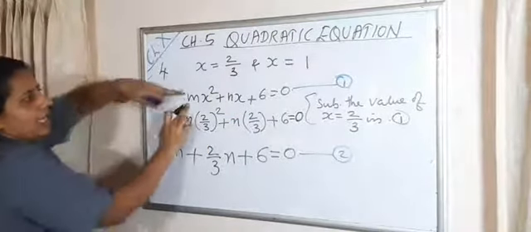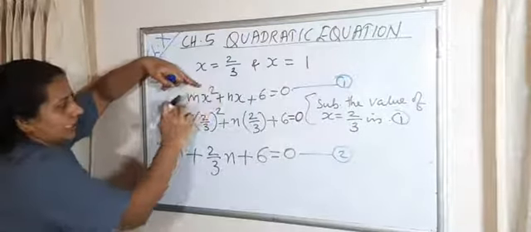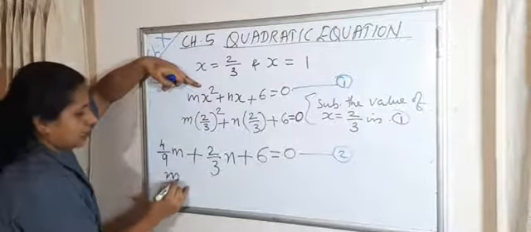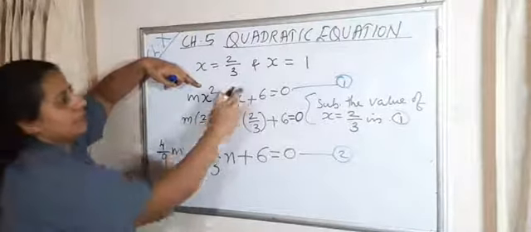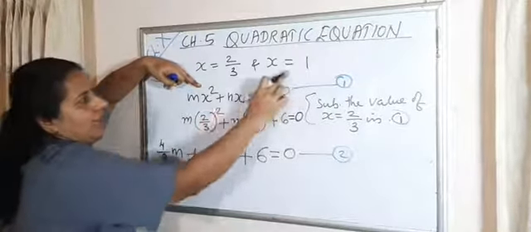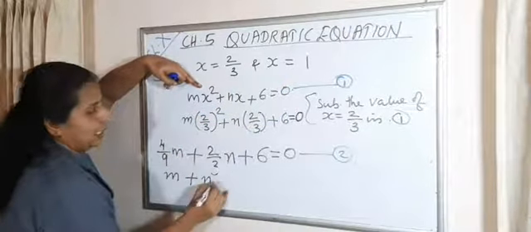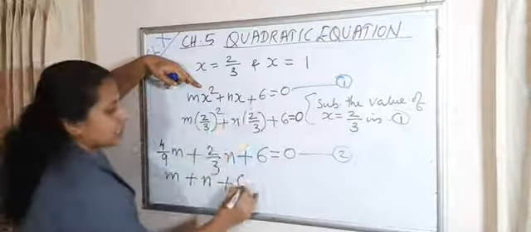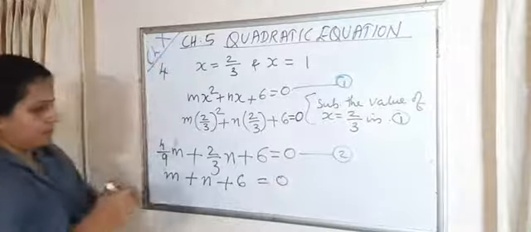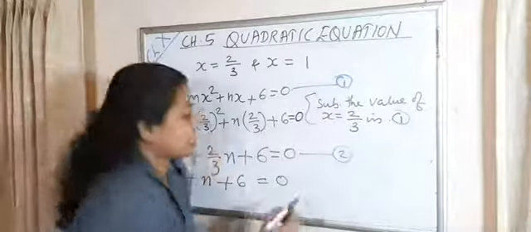That is x square, 1 square m itself, plus n into 1, that is n, plus 6 is equal to 0. And put it as equation 3.